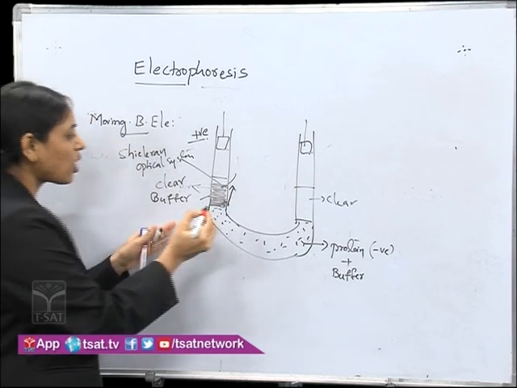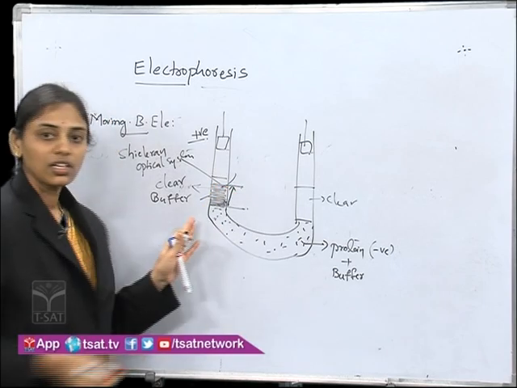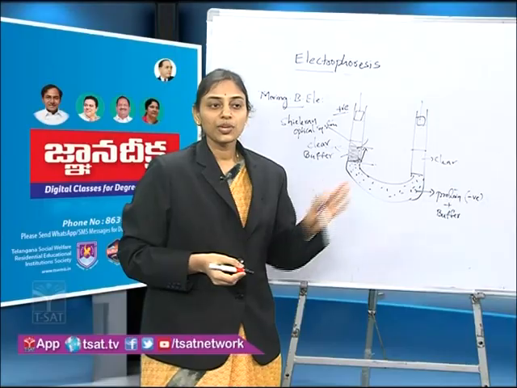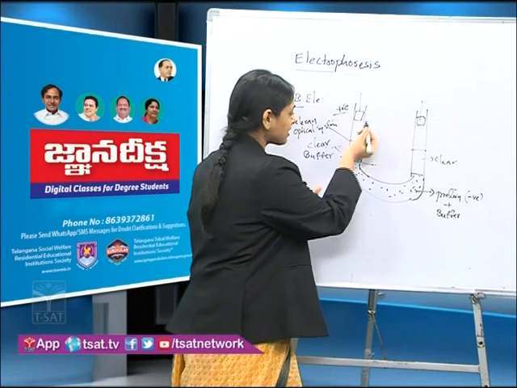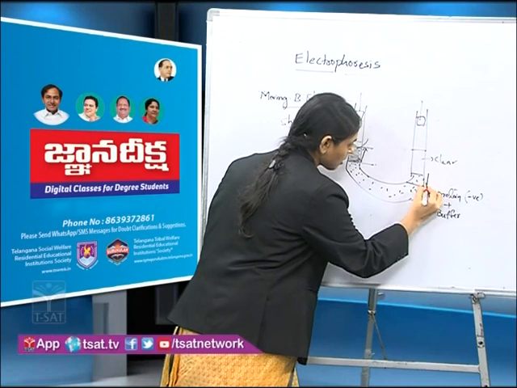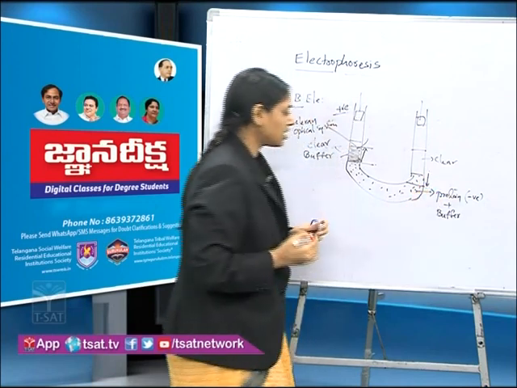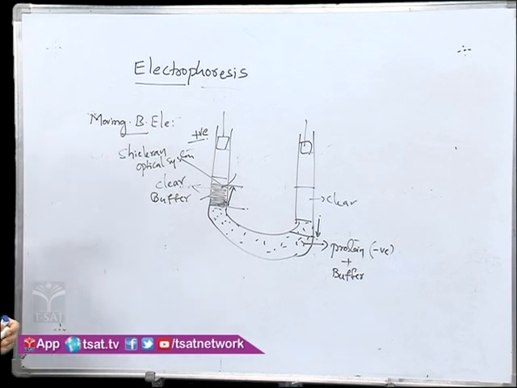So, here the boundary is moved from here to here. Through these glass walls, we could see the movement of these boundaries. So, here it is ascending, and in this way it is descending from here to here. That is why this technique is called moving boundary electrophoresis.